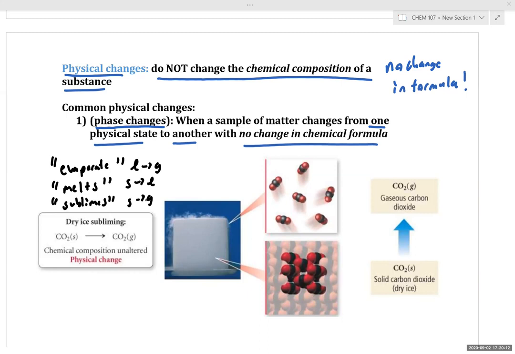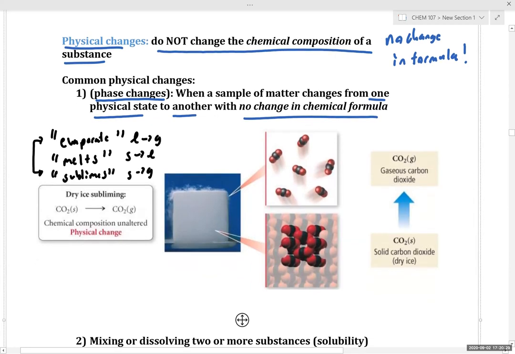These are some keywords that you want to be familiar with for phase changes: evaporates, melts, sublimes. These are all keywords that indicate the transition from one physical state to another.